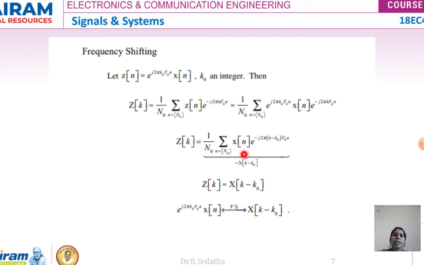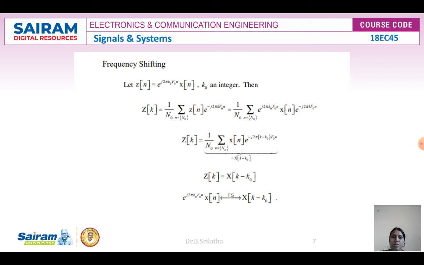This whole thing we can write as X of k minus k naught. So z of k is nothing but X of k minus k naught. So e power j 2 pi k naught f naught n into x of n corresponds to frequency shifting, that is X of k minus k naught.